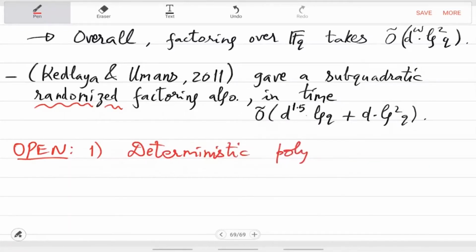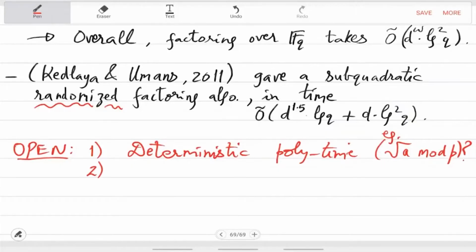So deterministic polytime, that's an open question. Actually, even if you qualify this to degree 2, d equal to 2, which is nothing but finding square root mod p, computing square roots modulo a prime, we don't know anything better than CZ.